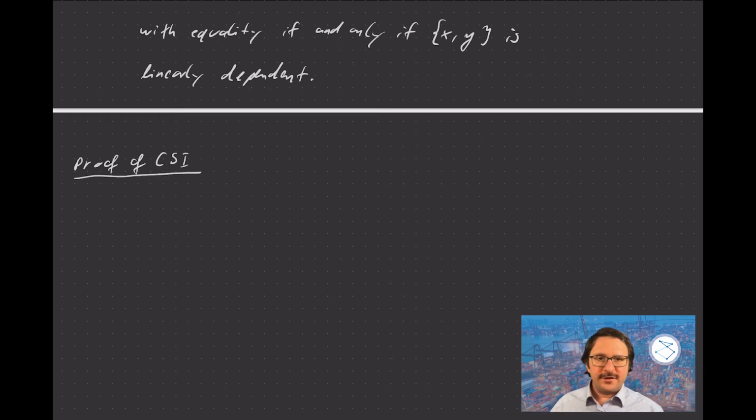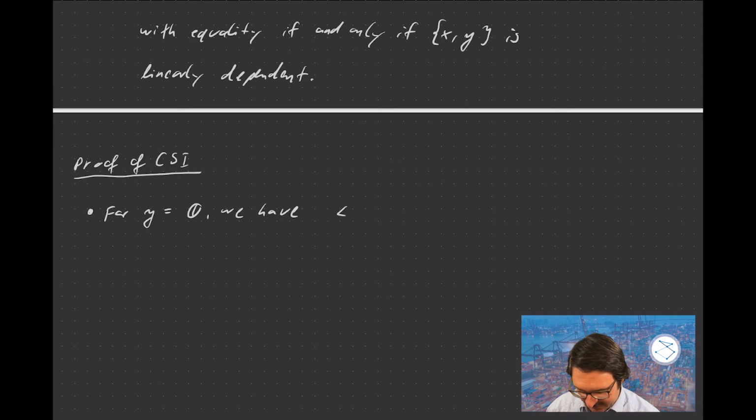Okay, so the first case we'll have to look at is, what about the case where y equals the 0 vector? That's an easy case. For y equals the 0 vector, what we have is the scalar product of x with that 0 vector is, well, that's the same thing as x with 0 times the 0 vector.